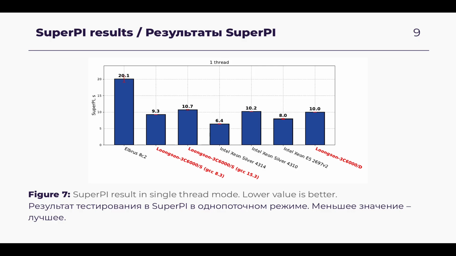And there I see some difference between GCCs, and the newer GCC shows a lower result. Next slide.